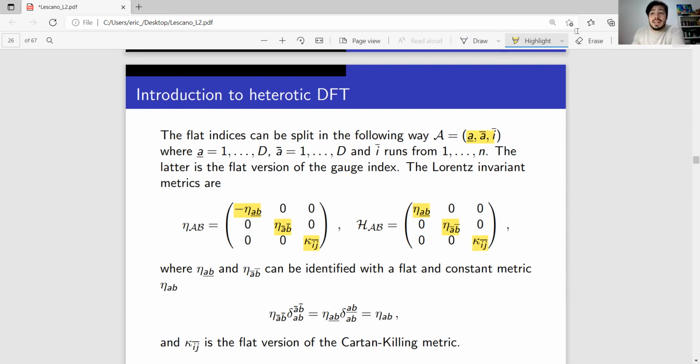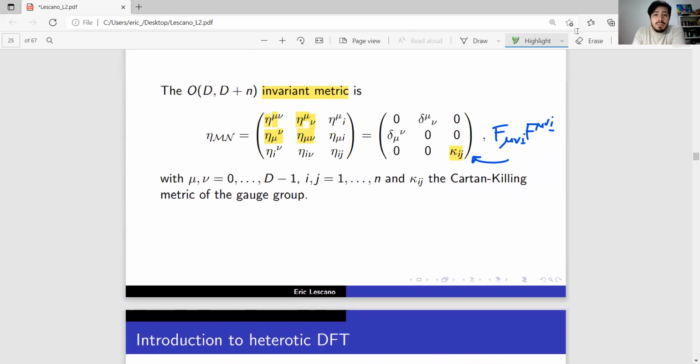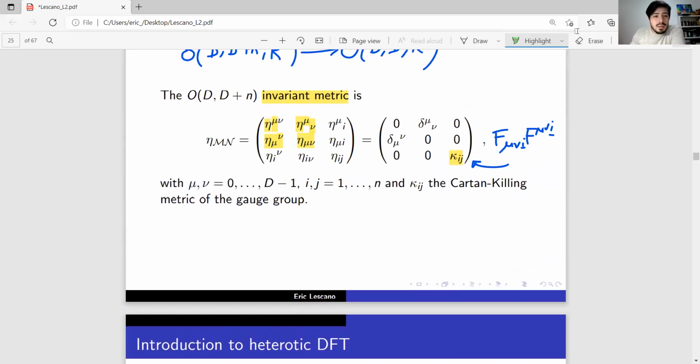At the DFT level, we have 3 invariant metrics. We have these 2 metrics that are invariant under the Lorentz symmetry, the double Lorentz symmetry. And let me go up for a minute. We have this invariant metric that is invariant under the O(D,D+n) group.